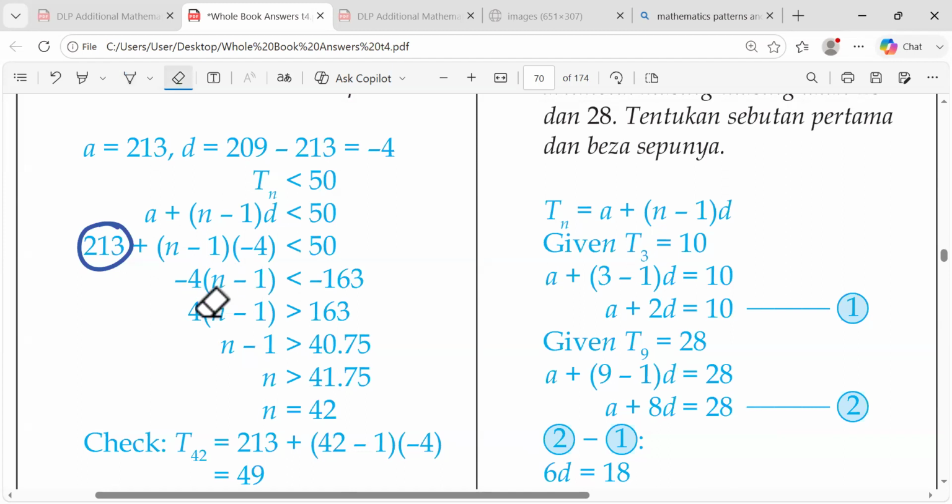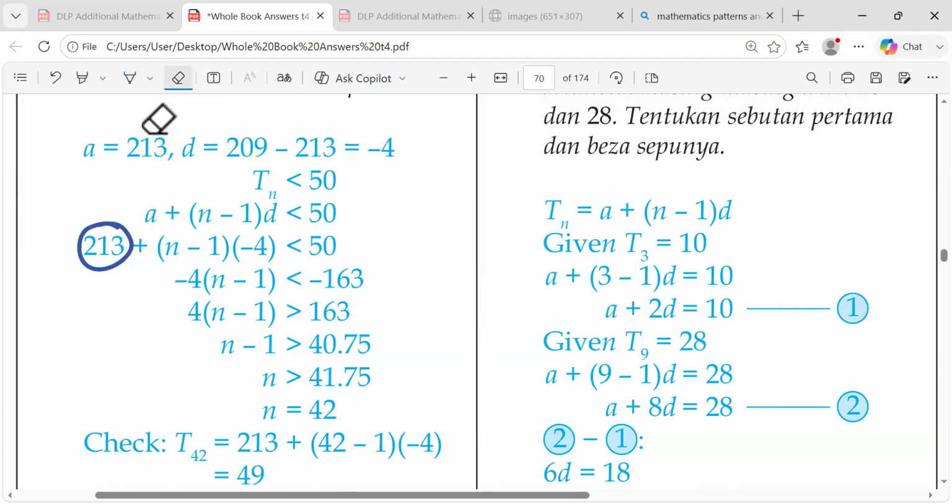When I divide by a negative, the symbol of inequality will change to the opposite side. Remember, when multiplying with a negative or dividing by a negative, it will change the inequality here.